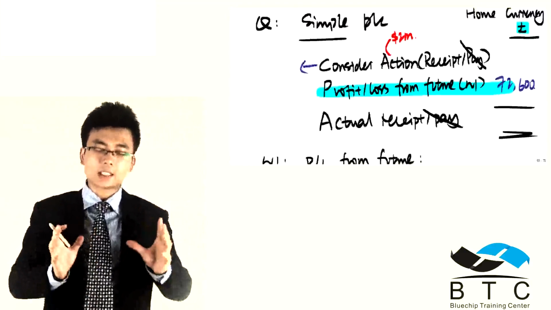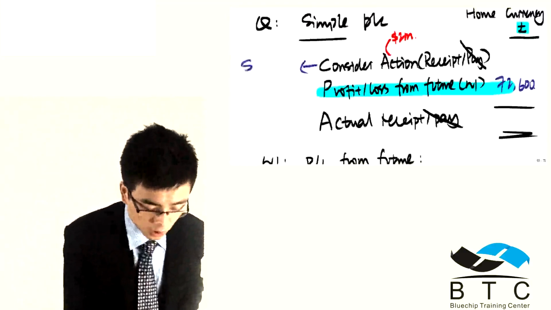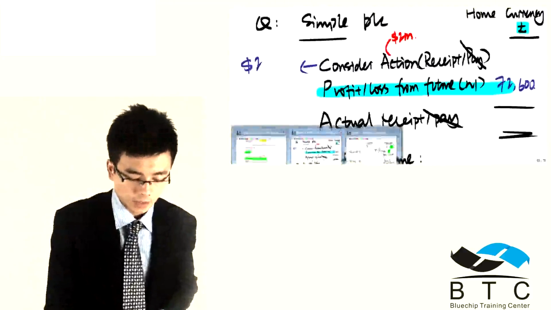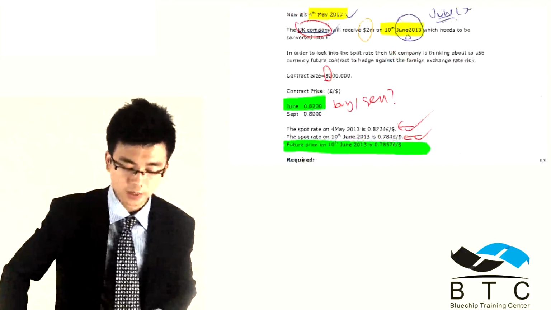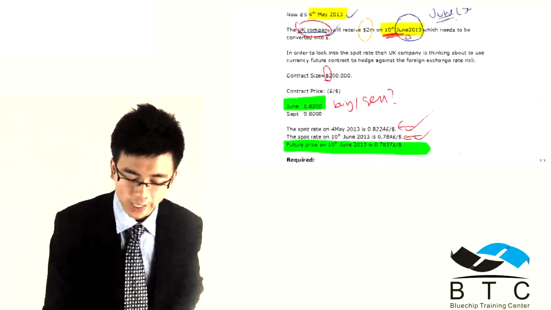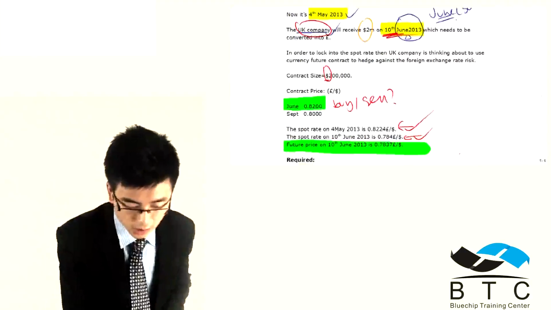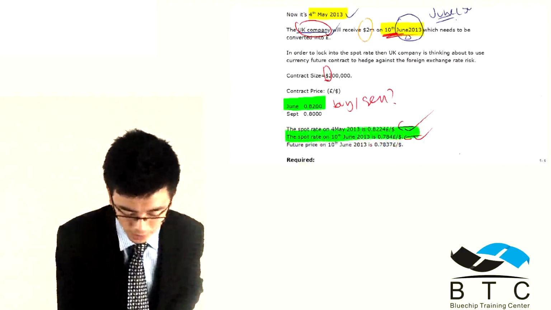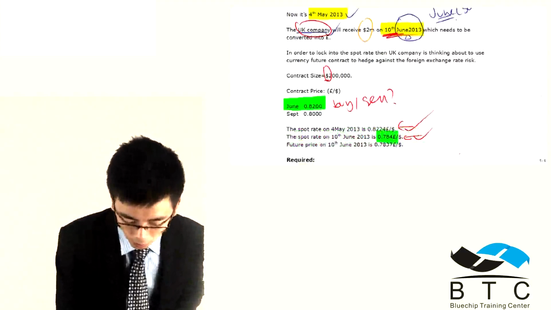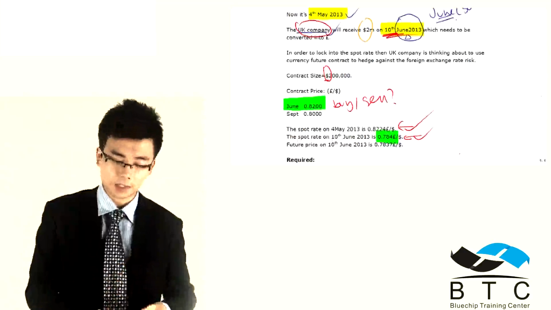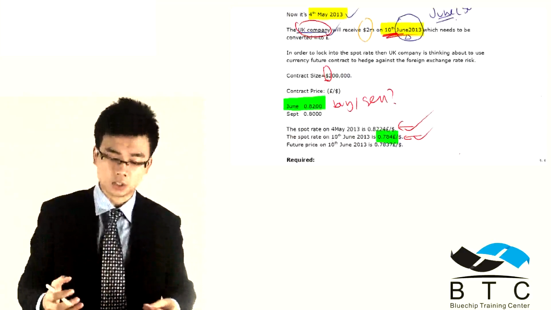So what's the first step? Well, it's to consider the action. We're going to receive $2 million on the future date. So we are going to receive $2 million on 10th June 2013, which the spot rate at that date is to be 0.784. So we're going to convert that into UK pounds.